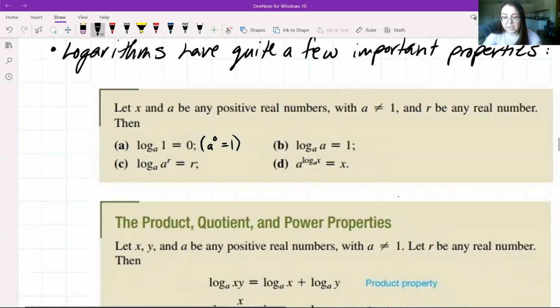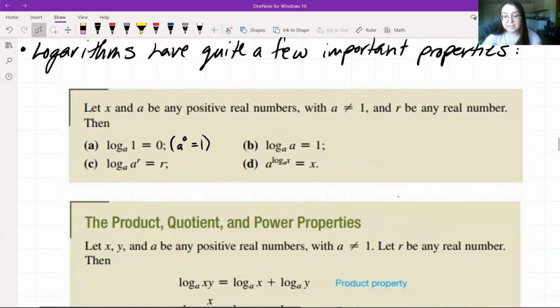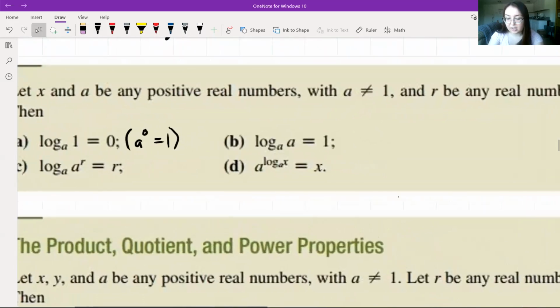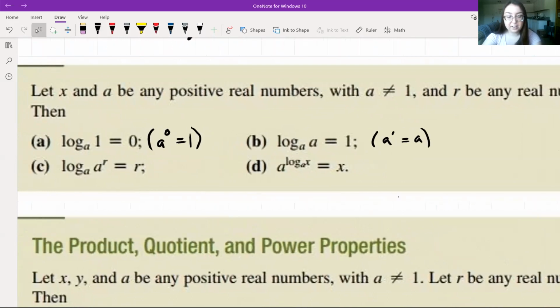And we have for part B here that log base a of a is equal to 1. And we know that because that means a to the first power has to be equal to a. So 1 is our exponent, we know a is our base, so a to the first power is always just going to be a. Now we have log base a of a to the r power is equal to r.